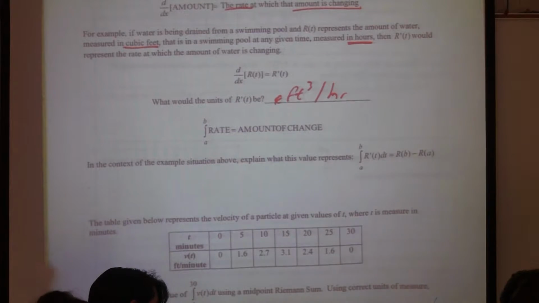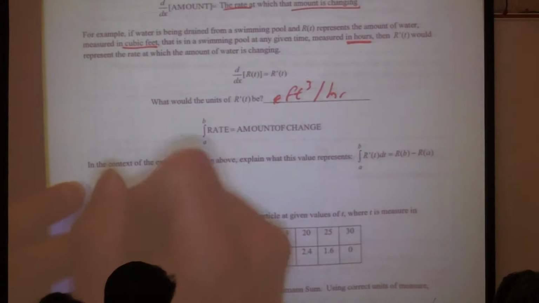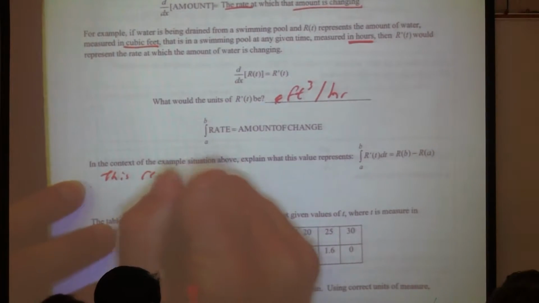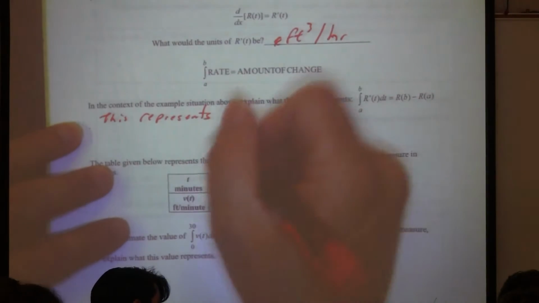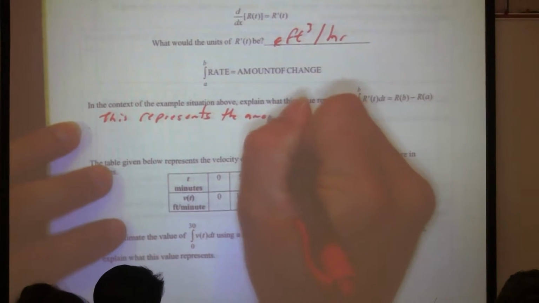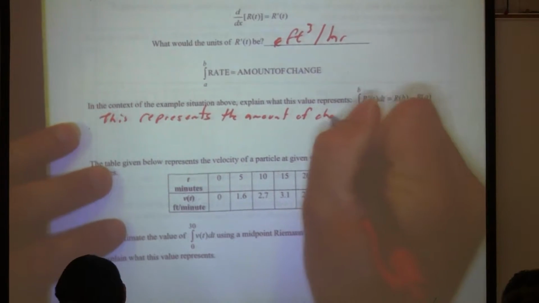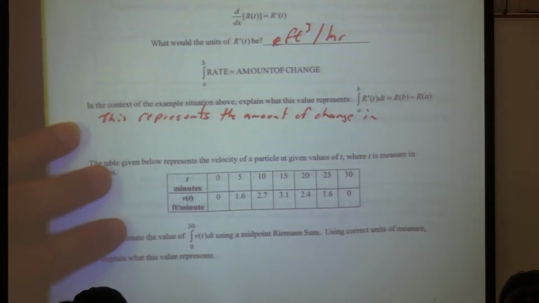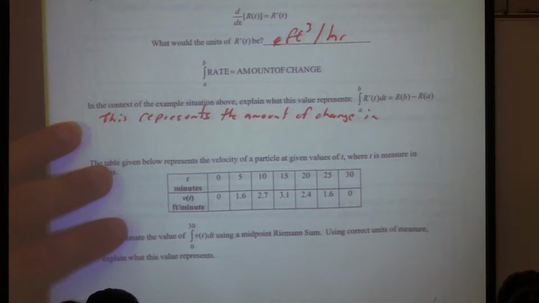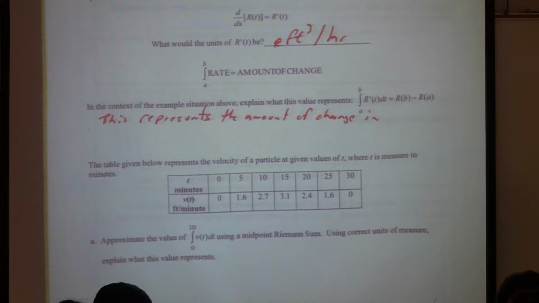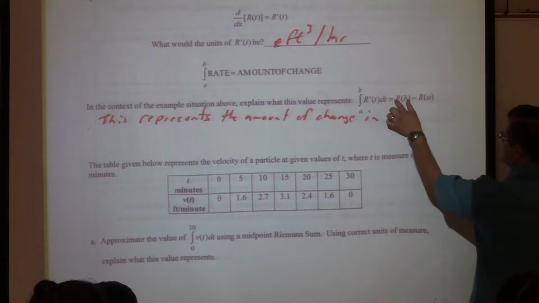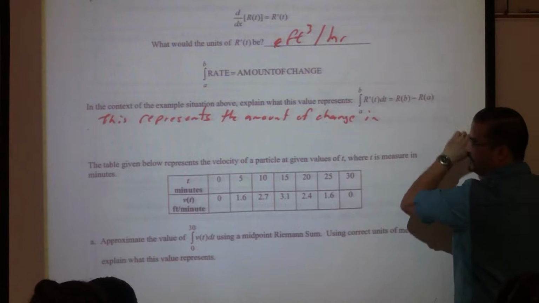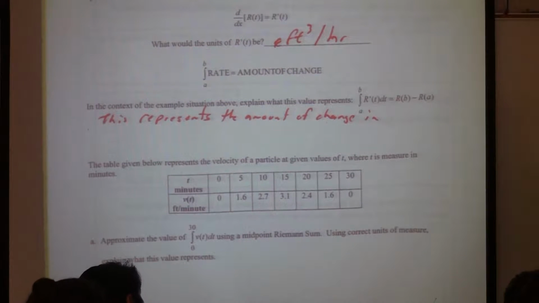Yes? Okay, so let's write that, because it's asking us to explain it. So this represents the amount of change in what? What do we say these values we're talking about right now are? R represents the amount of water in the pool.